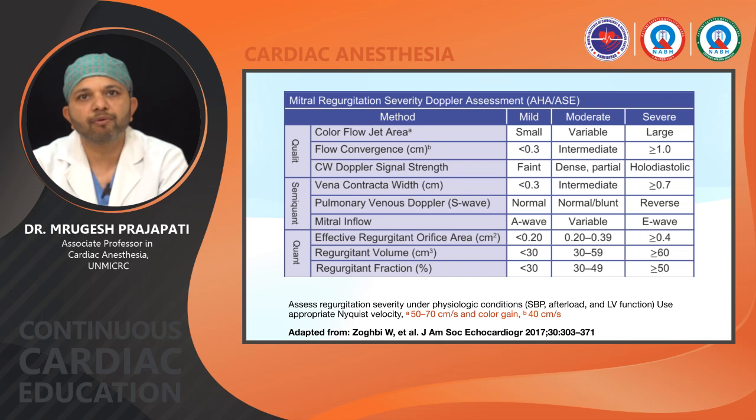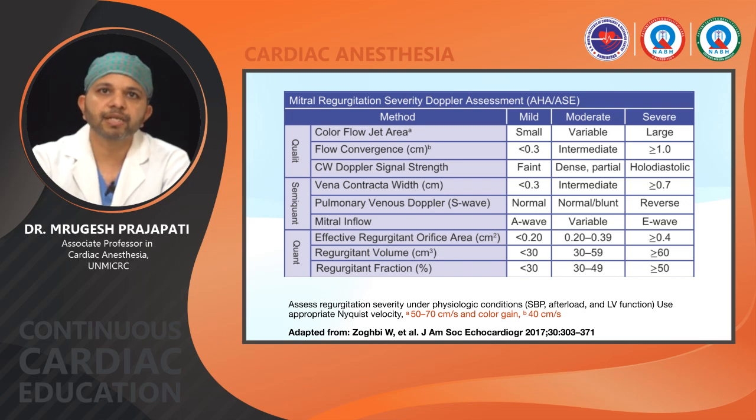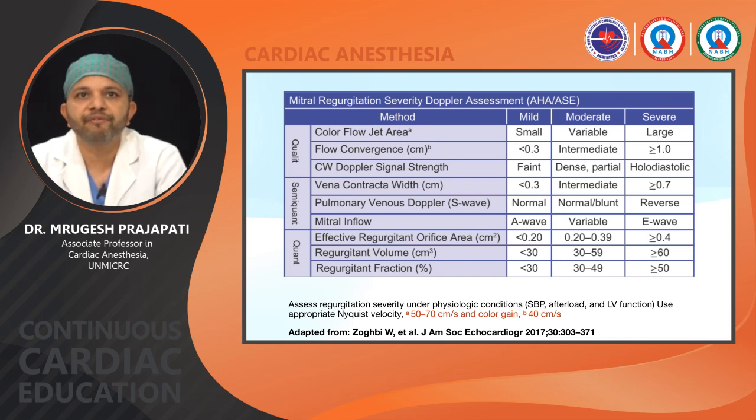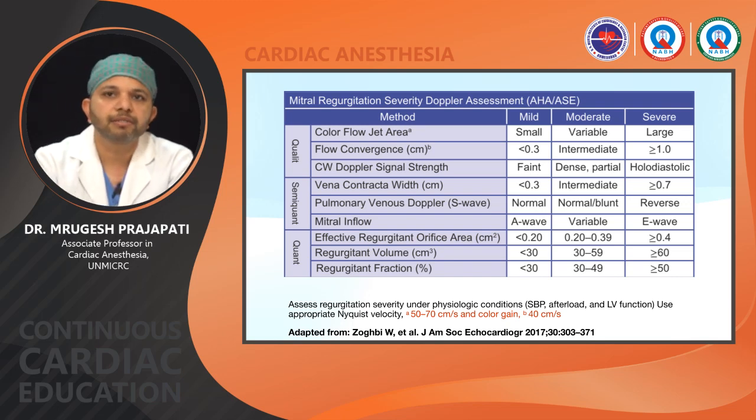Semi-quantitative methods include vena contracta width, pulmonary venous Doppler, and mitral inflow, and quantitative methods include effective regurgitant orifice area, regurgitant volume and regurgitant fraction. The important point here is that when we measure this during color Doppler, we have to keep the Nyquist velocity at 50 to 70 centimeters per second, and during the PISA method we have to keep the color gain at 40 centimeters per second.